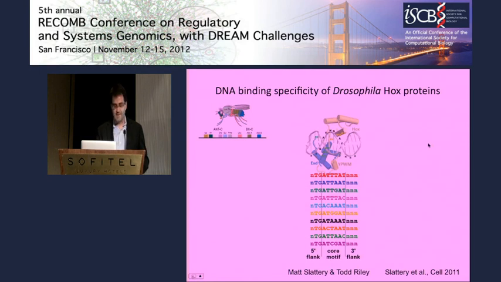In a recent study, with Richard Mann and Harmen Bussemaker and Barry Honig's lab, we looked at how Hox proteins achieve specificity. And we used the Drosophila model. You can see here 8 Hox proteins that encode the development from head to toe, or from anterior to posterior.